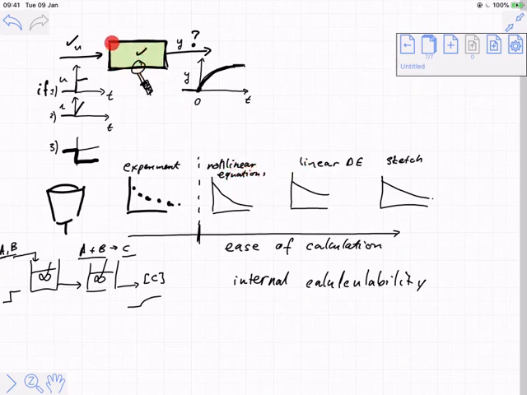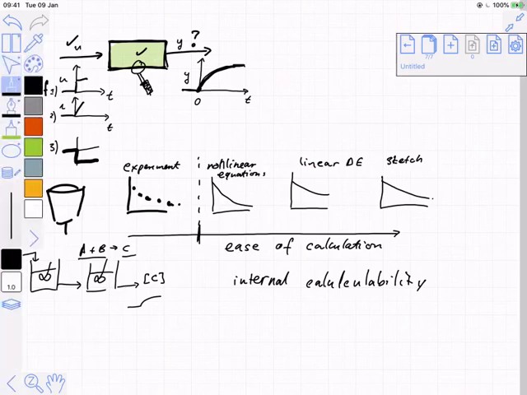Once I've linearized these equations, it becomes significantly easier to reason about this, because when I have linear differential equations and I've Laplace transformed, I only have to think about the differential equations in the standard form.